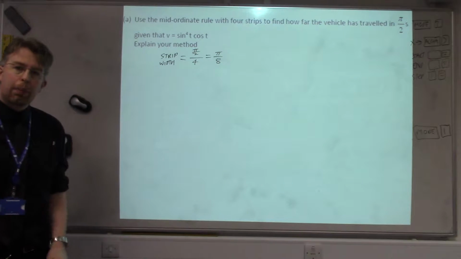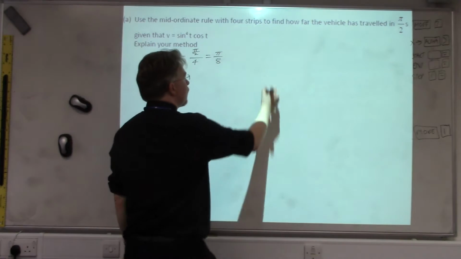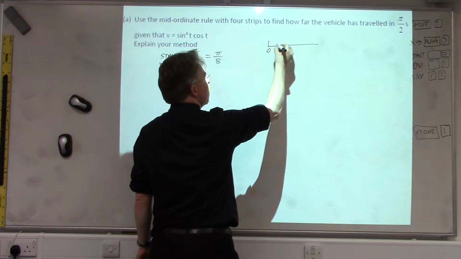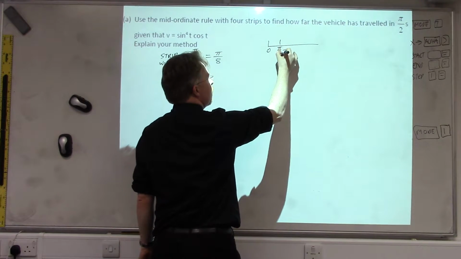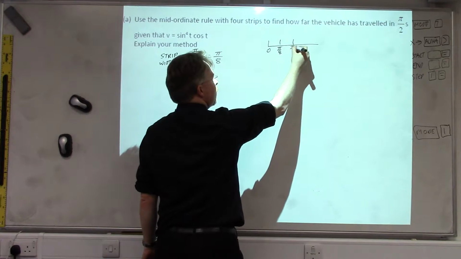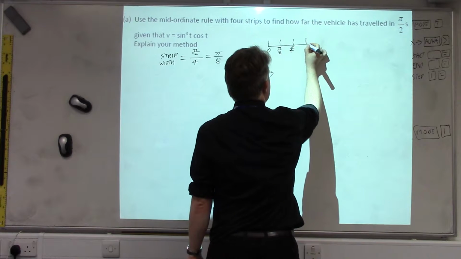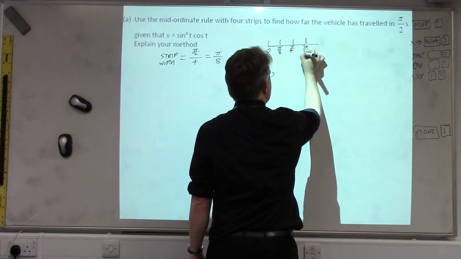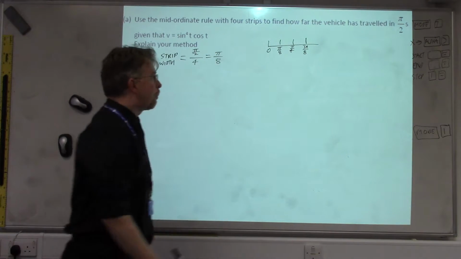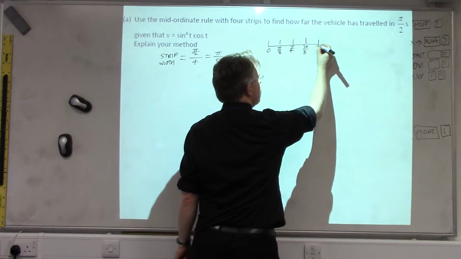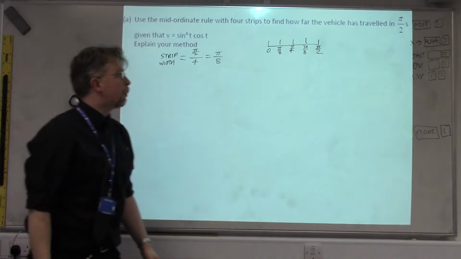So the strip width is pi over 8. So the strip goes up in pi over 8: pi over 8 plus pi over 8 is pi over 4, plus pi over 8 is 3 pi over 8, plus pi over 8 is pi over 2. So we have 4 strips.